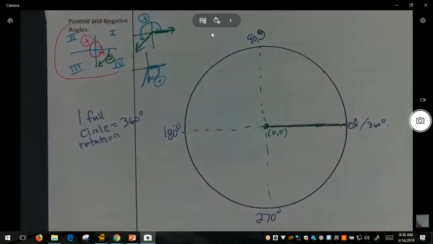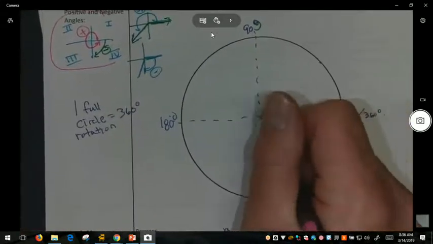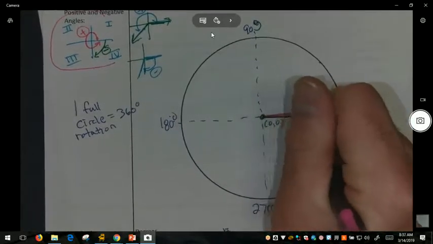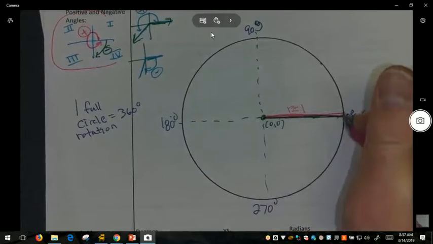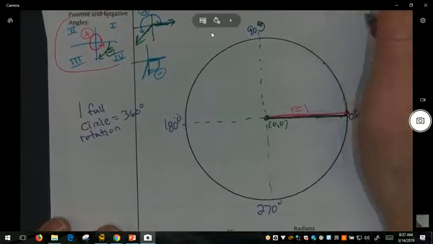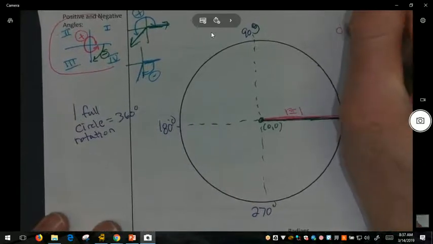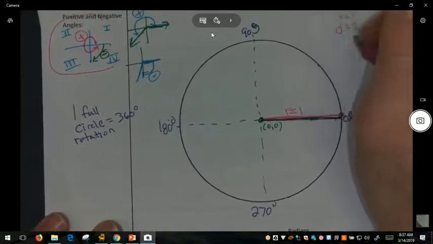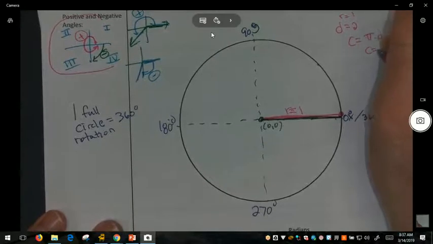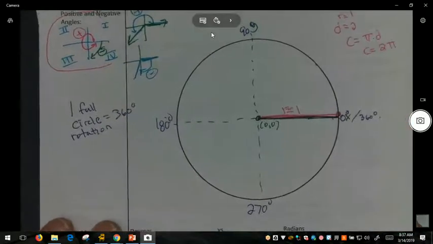I want to talk about radians too, just briefly. That'll get it out of the way a little bit first, at least the quadrantal angles. If our radius was 1, then our circle would have a diameter of 2, and the circumference would be 2 pi r, or pi times d, which equals 2 pi.